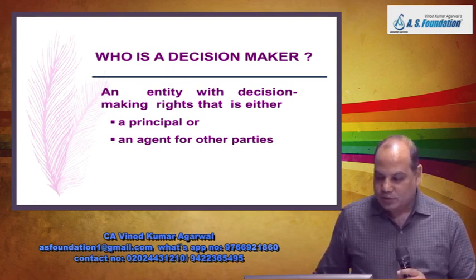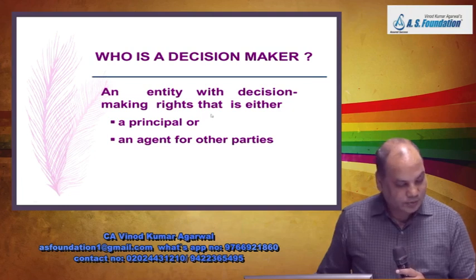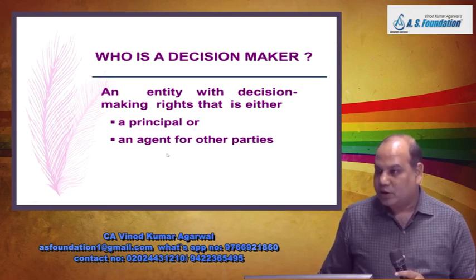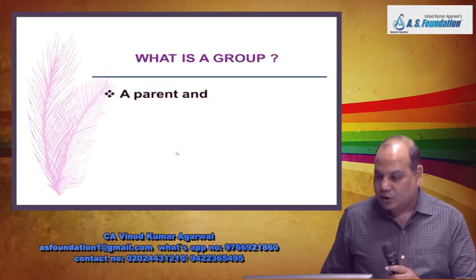Who is a decision maker? An entity with decision making rights is a decision maker. Paragraph number 7. And that entity can be either a principal or an agent for another enterprise, because the standard talks about decision making power.